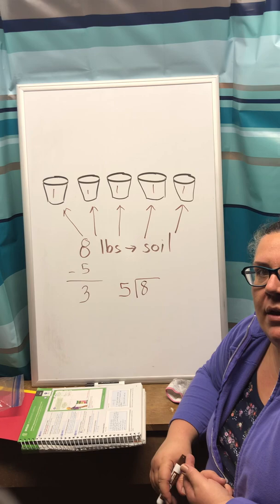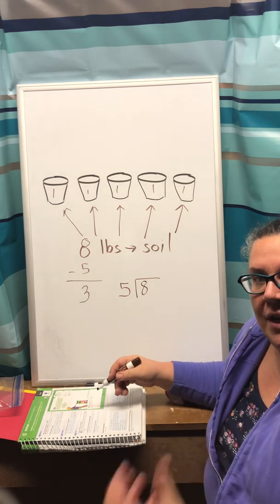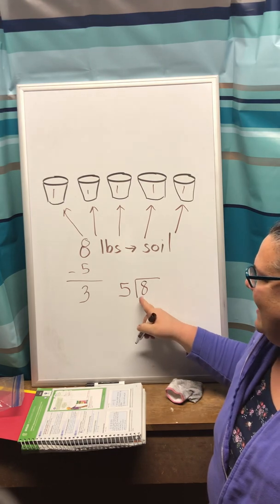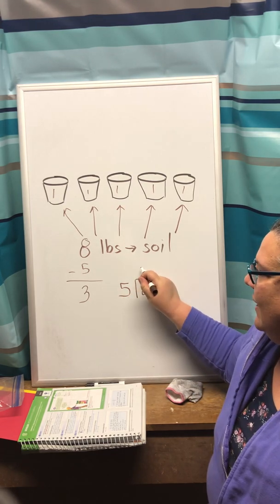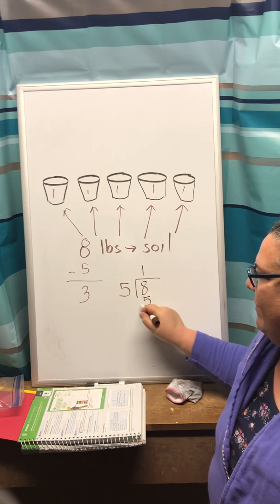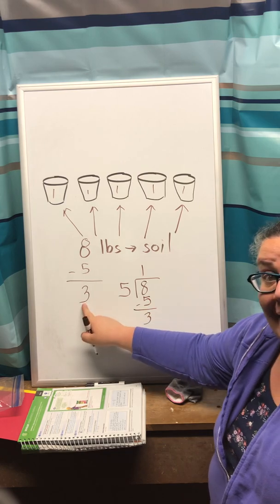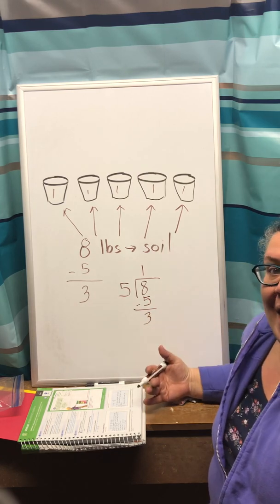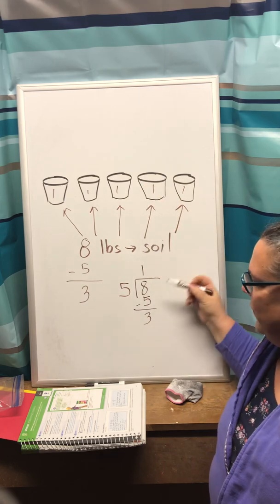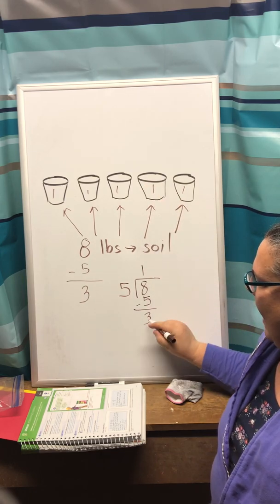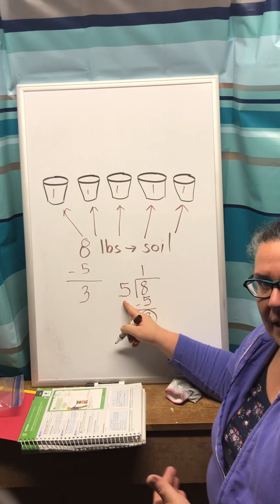So when I do the actual division problem, this is where I'm going to turn my quotient into a fraction. So we said that 8 divided by 5, I can do 5 times 1, gave me 5. My 8 minus 5, I had 3 left. The easiest way to do this now, instead of trying to figure out what goes into each one, is I can say, I have 3 pounds left and I have 5 that I need to split it between.